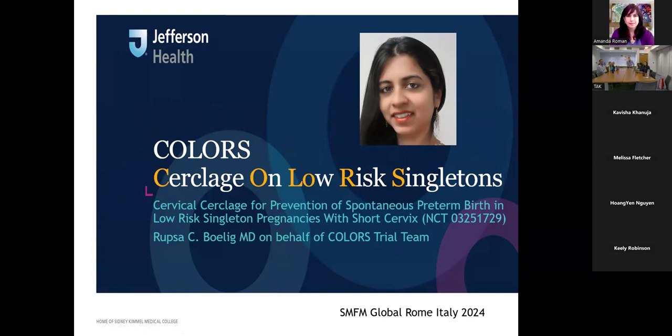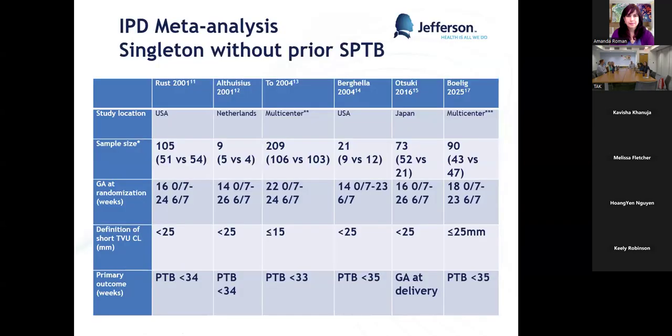What I wanted to make you aware of is that we recently submitted this IPD meta-analysis on singleton gestation without prior spontaneous preterm birth, adding the Colors trial that was just published within the last month.